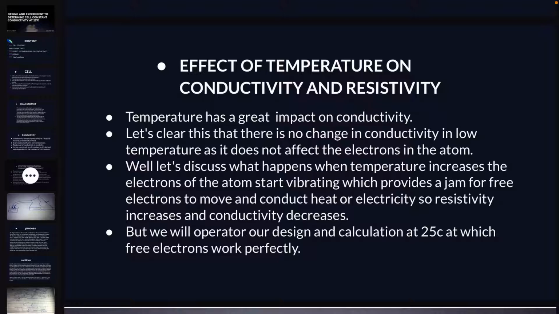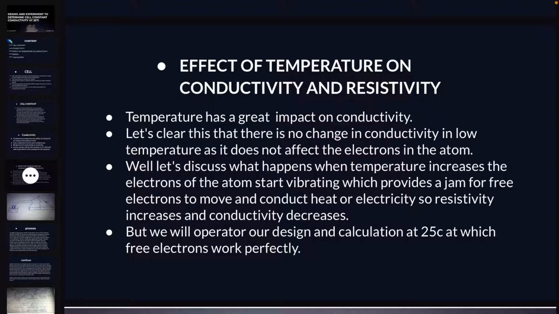At high temperatures, the electrons in the wire which conducts electricity start to vibrate with each other, leaving a very small surface through which the electrons carrying the current can't even move.